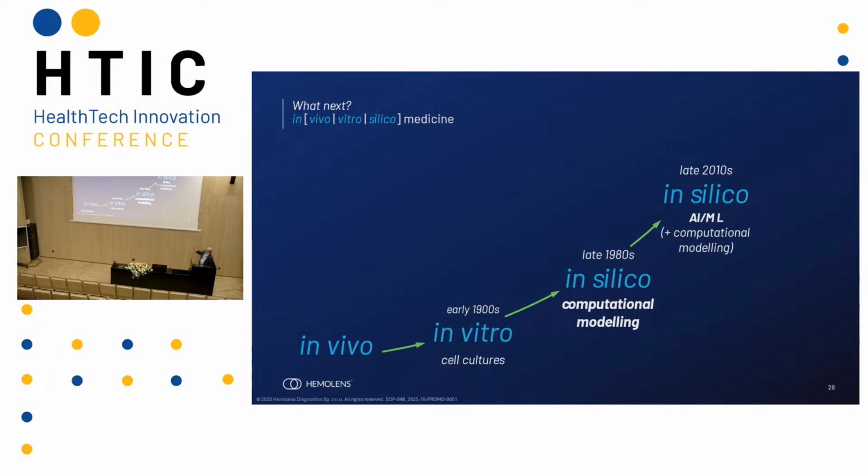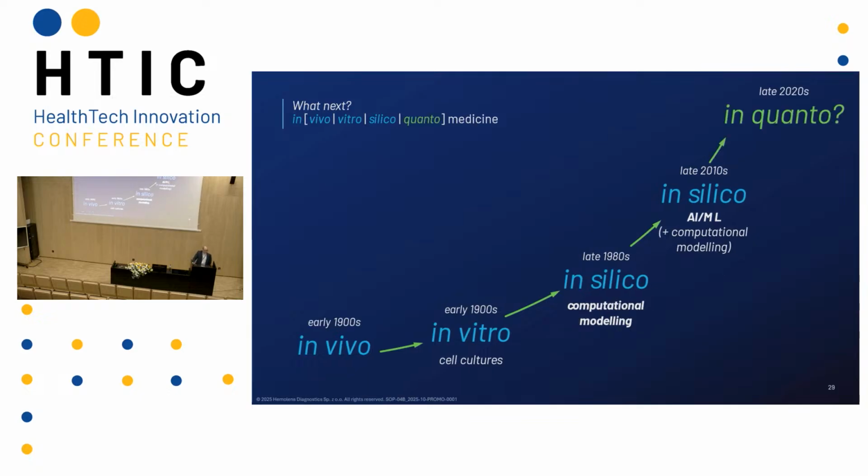Nowadays, we are talking about AI, ML, which also falls into the in silico one. And we should think that the changes are coming. What's next? In quantum medicine? I don't know how to name it even. But I think that it will come faster than we think.